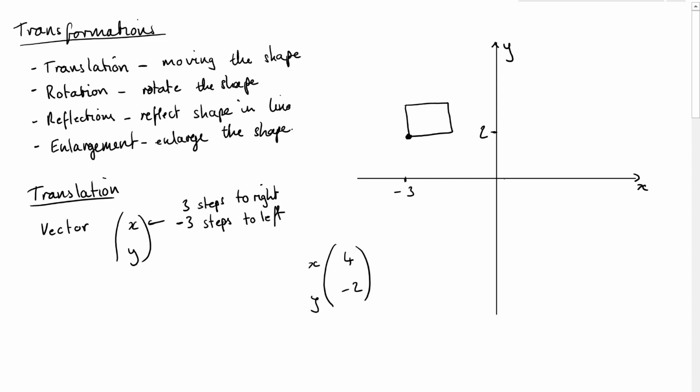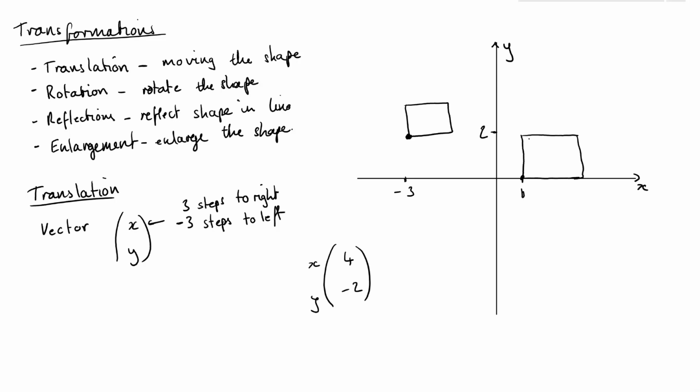So 4 steps across from -3 is going to be +1. So I'd put a preliminary point there, but then I've also got this -2 that's going to take me down the y-axis 2. And so if I'm originally at +2, it's going to take me down to 0. So this is my new position of this point here. And then I can take that and just draw out the rest of my shape. And you've translated that shape there.